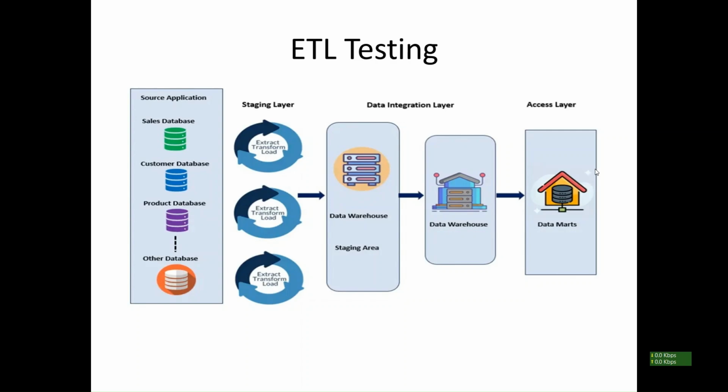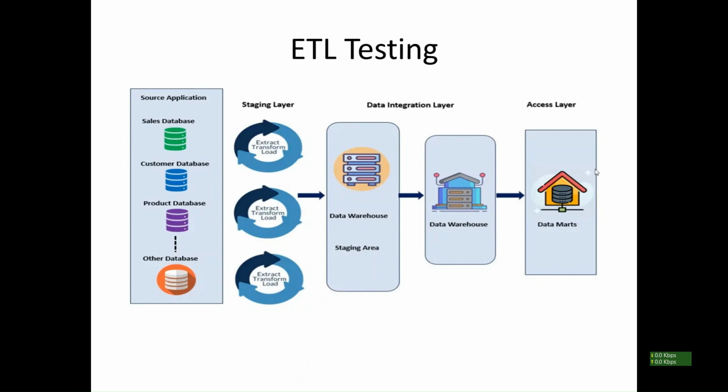The word extract is to verify the data extraction from the source system completely and accurately. You are going to extract or retrieve the data from the source system completely and accurately. Next is transform. Transform is whether you are correctly transforming according to the business rules and requirements.